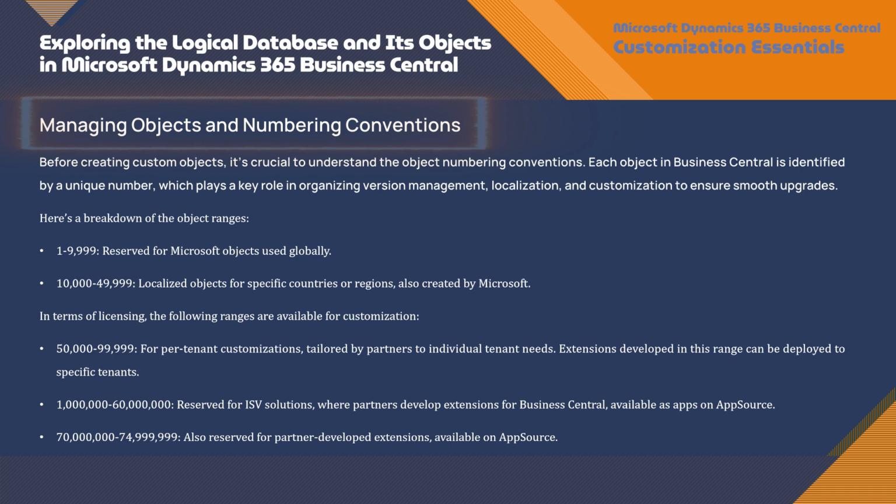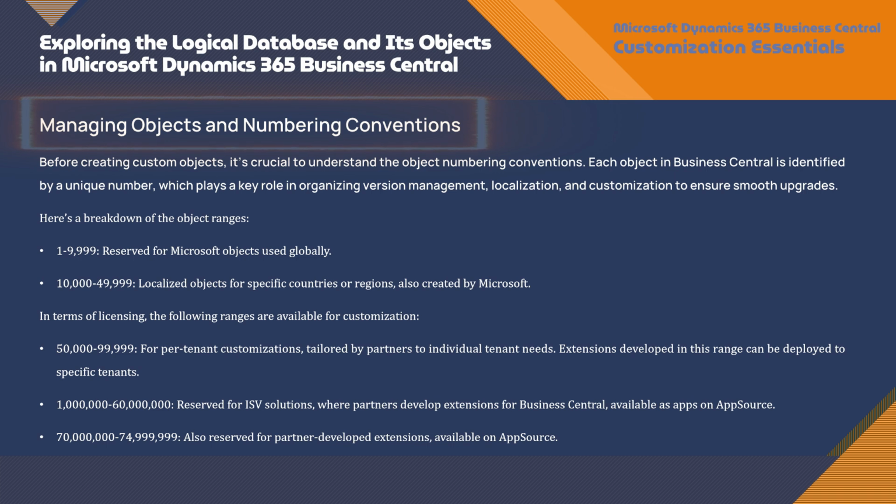In terms of licensing, the following ranges are available for customization: 50,000 to 99,999 for per tenant customizations tailored by partners to individual tenant needs. Extensions developed in this range can be deployed to specific tenants.